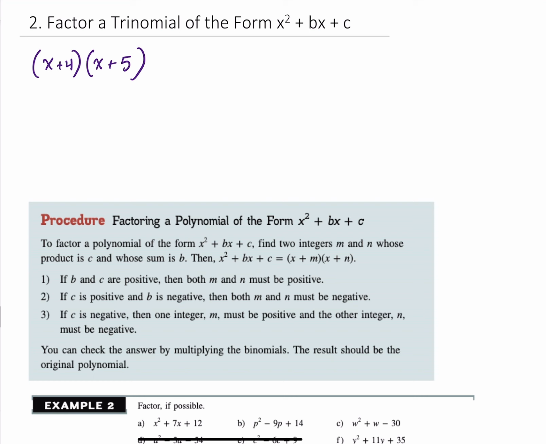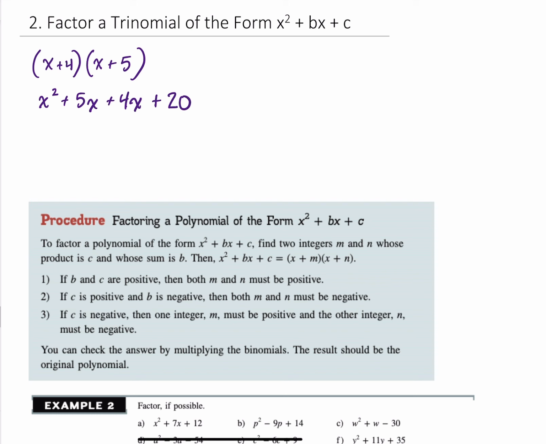So our first two terms multiplied would give us x squared. Then our outer two terms multiplied, x times 5, would give us 5x. Then the inner terms would be 4 times x. Then the last two terms are 4 times 5, so 20.